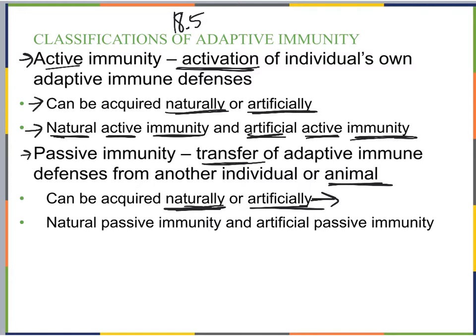If the mother is exposed to, say, the influenza virus or something else, and then the mother is producing those antibodies to fight that off, then the mother is working on fighting something off. It's activated the mother's adaptive immune defenses, but not the child's adaptive immune defenses. But because the child is nursing, for example, they're passing along those antibodies to the child, and so that is a natural way to become passively immune.